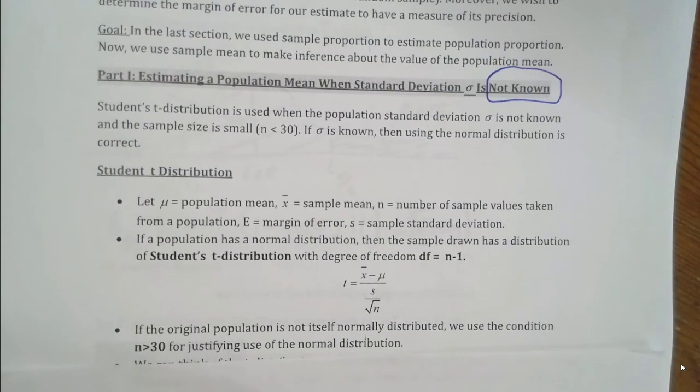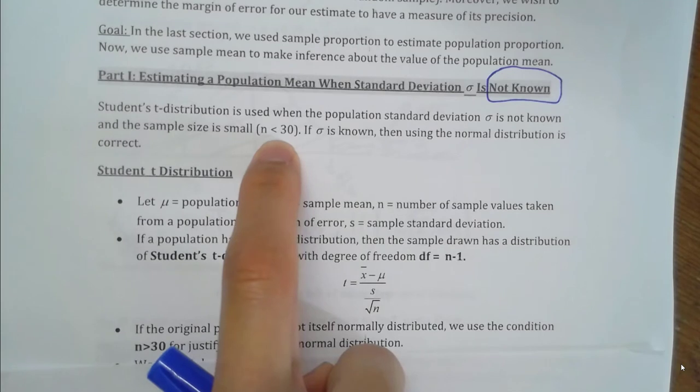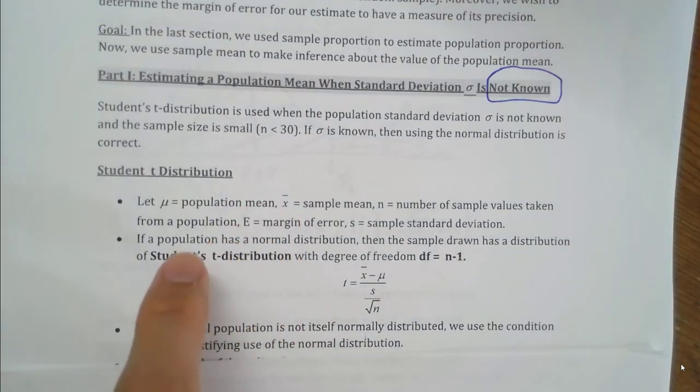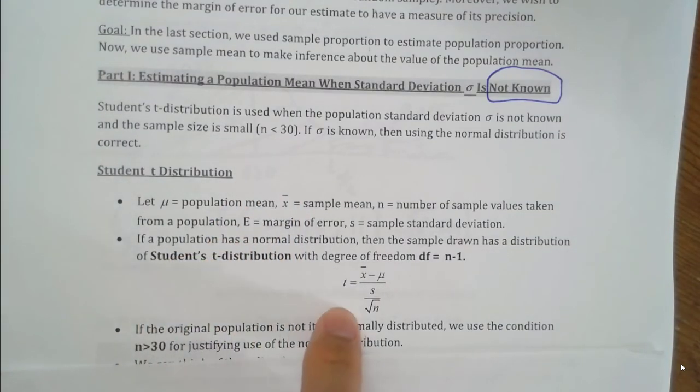Now, if the original population is not itself normally distributed, we use the condition that n needs to be bigger than 30 for justifying the use of the normal distribution. If n is less than 30, make sure that the original population is normally distributed.